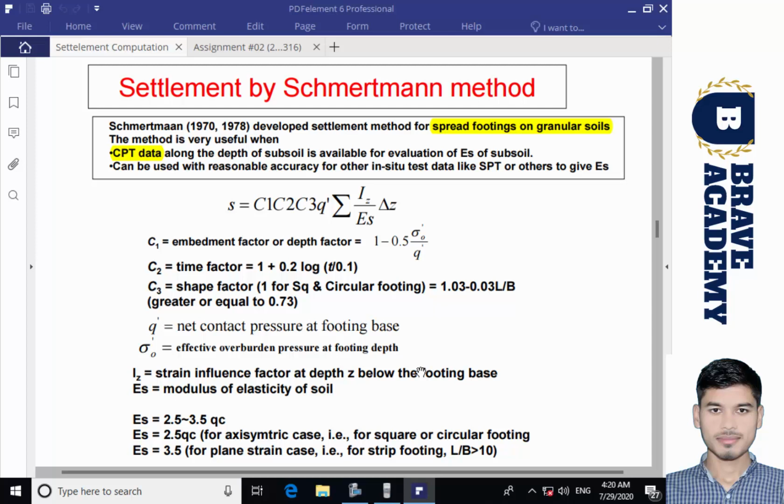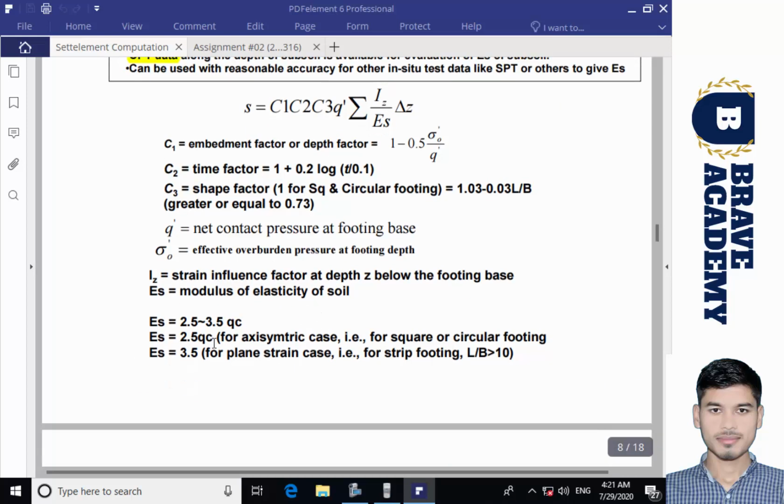Iz is a strain influence factor at depth z below the footing base. Es is the modulus of elasticity of the soil, and Es equals 2.5 or 3.5 qc. qc is the cone penetration resistance, and Es in case of square footing or circular footing is 2.5 qc, and in case of strip footing this will be 3.5 qc, and again qc is the cone penetration resistance.